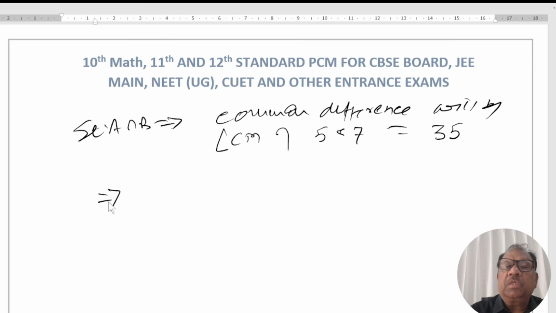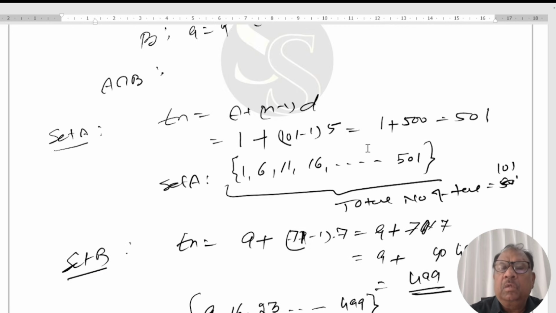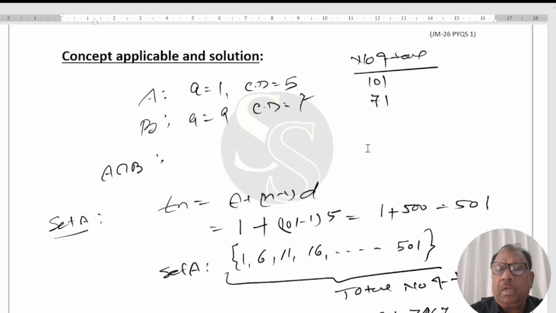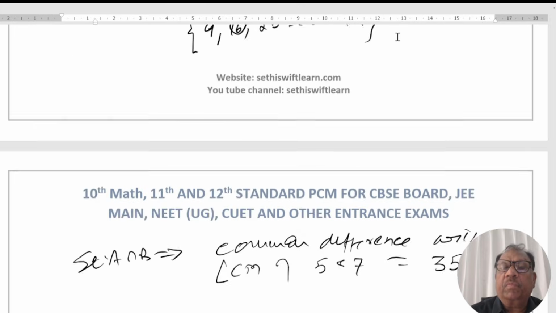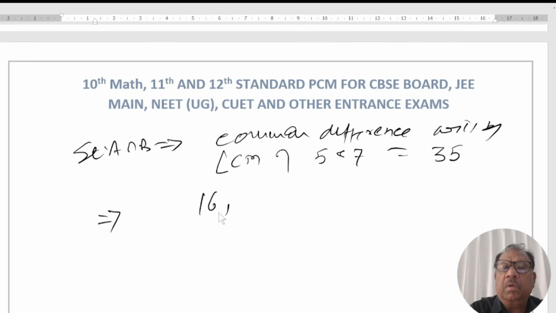In this case, the first common term in set A and set B is 16. 16 is the first term. Add 35 to 16. So that will come out to be 16, 51, and so on.